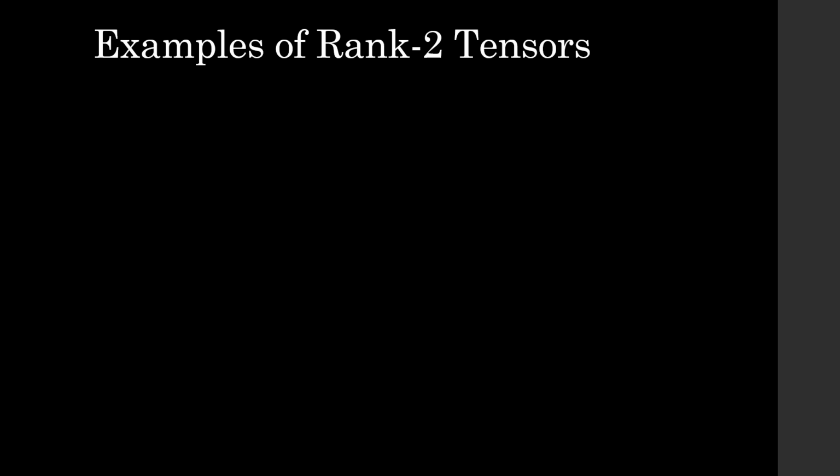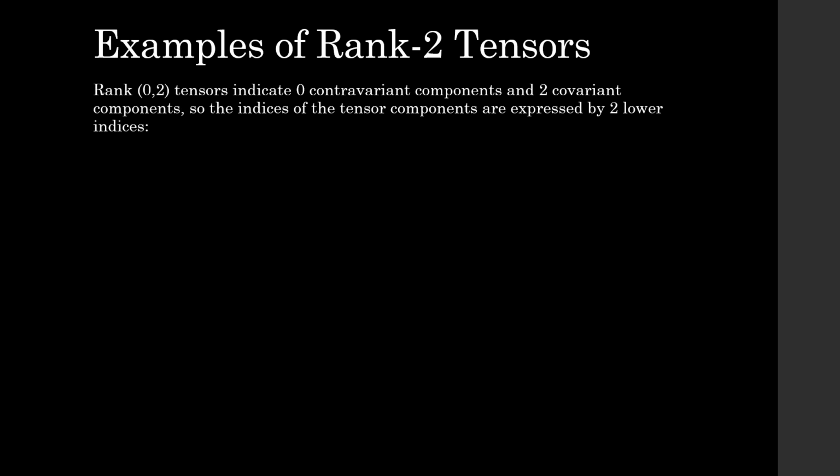So we'll look at traditional rank 2 tensors, which are common in the study of tensor calculus and differential geometry as a whole. Rank 0,2 tensors indicate 0 contravariant components and 2 covariant components, so the indices of the tensor components are expressed by 2 lower indices.